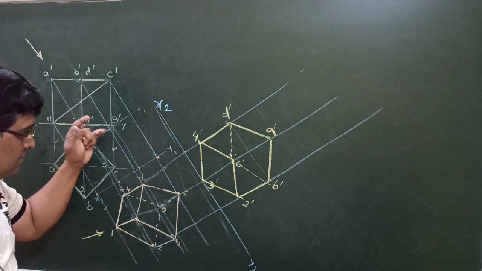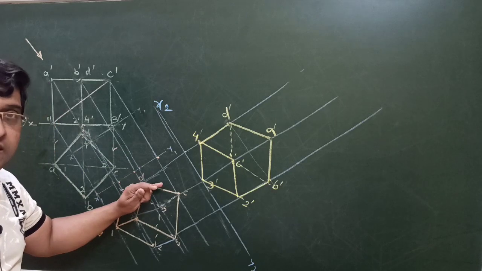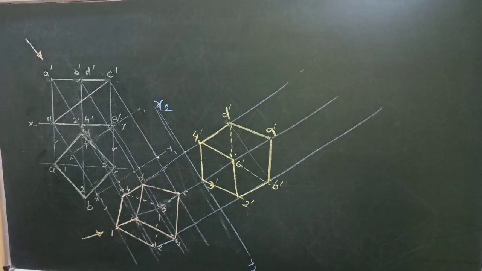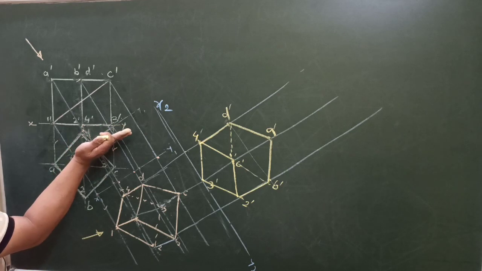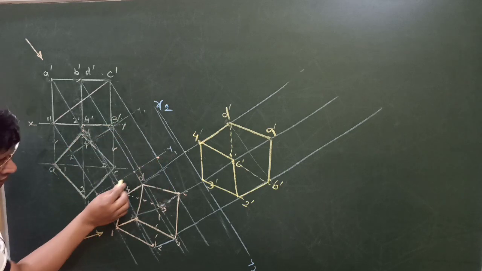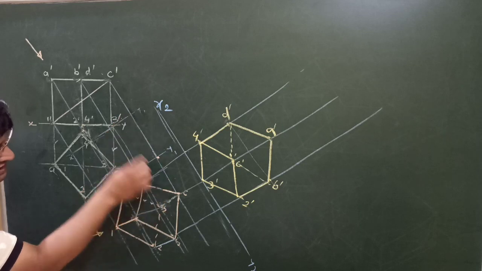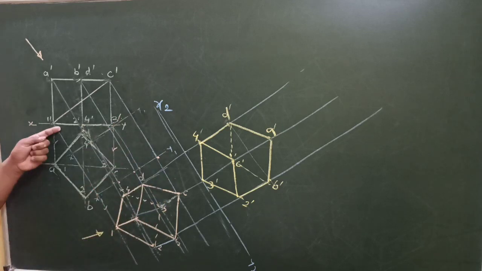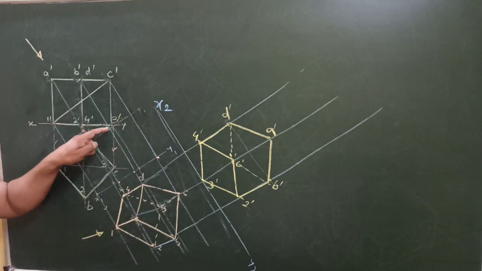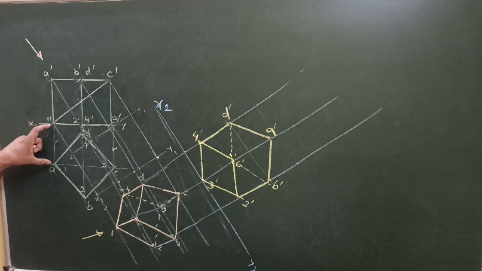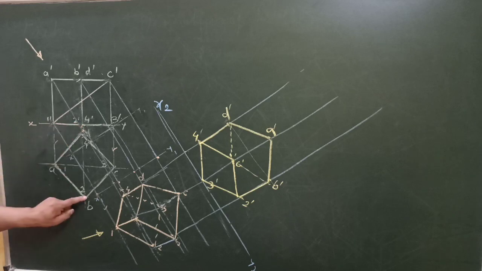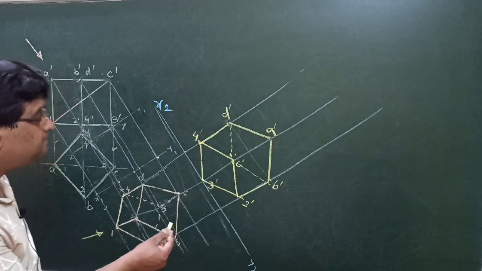If it is mixing here, you can take some convenient distance here also, and draw the vertical lines perpendicular to this x1 y1 and cut distance from x1 y1 on these perpendicular lines, taking distance from the top view from xy line. All the points you have to take like this. If for A and 1 this distance, for B and D, C and C this distance, D xy to B for B this, and so on. So take distances and draw the figure.